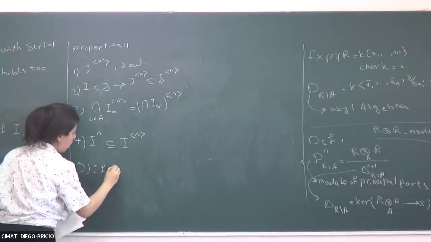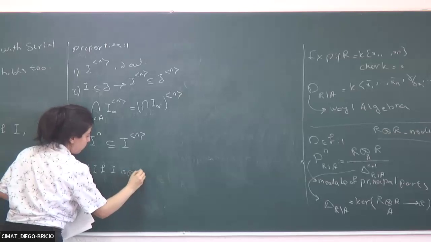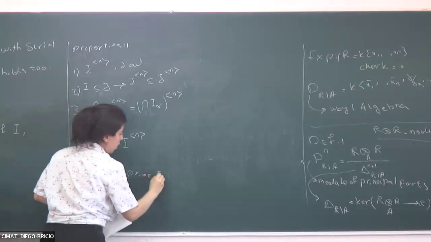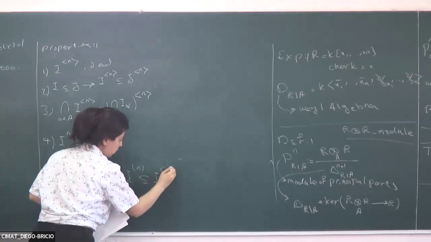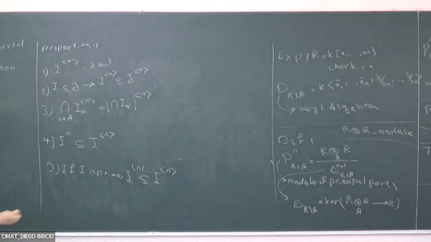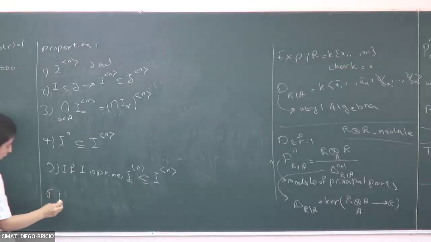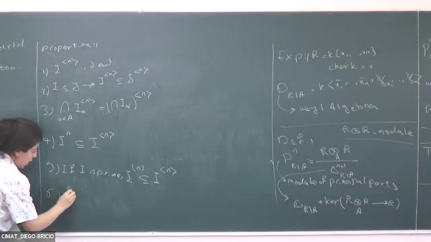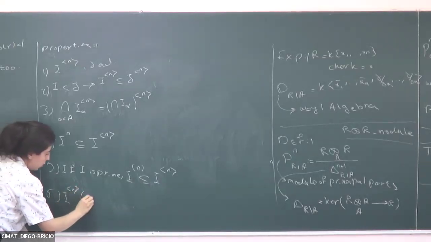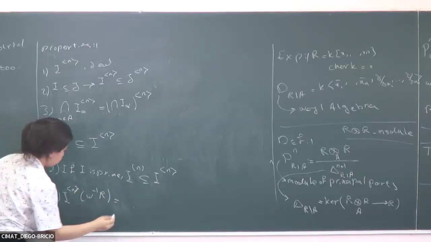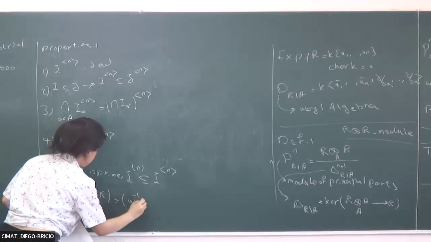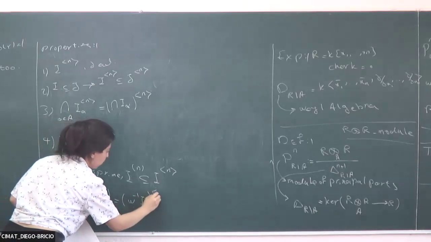If I is prime, then the symbolic power of n is a subset of this one. And I_n localized at W is equal to (W minus 1 I) to the power of n.